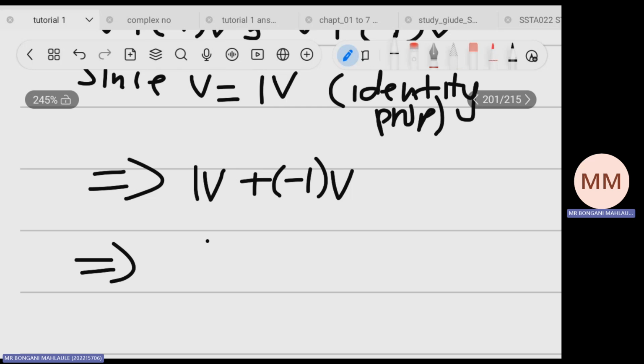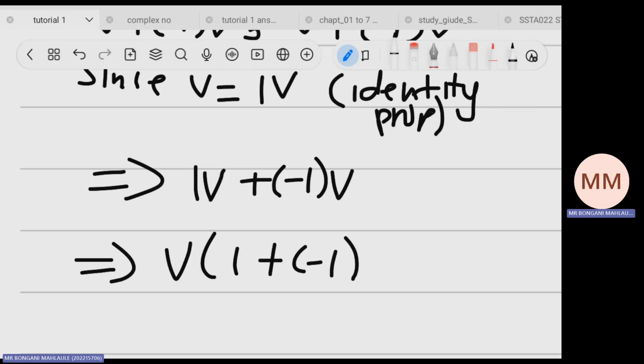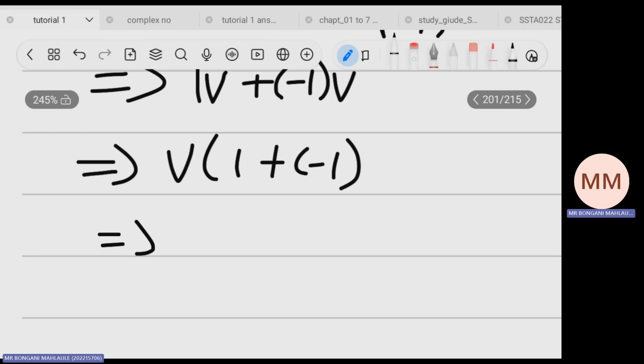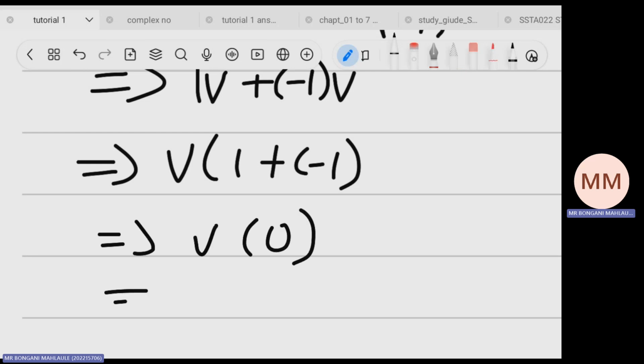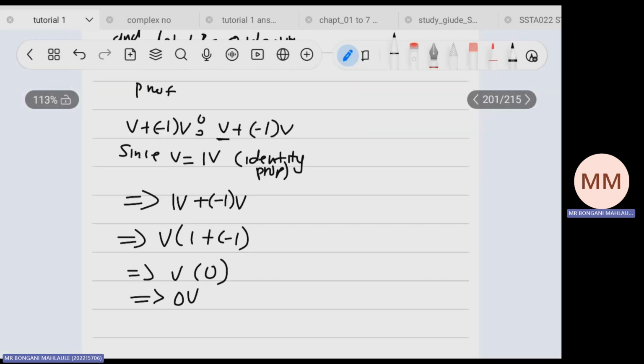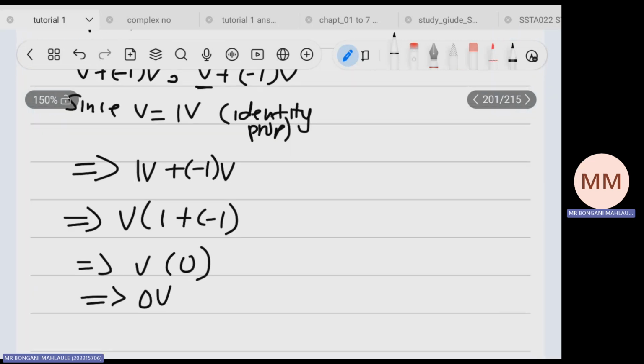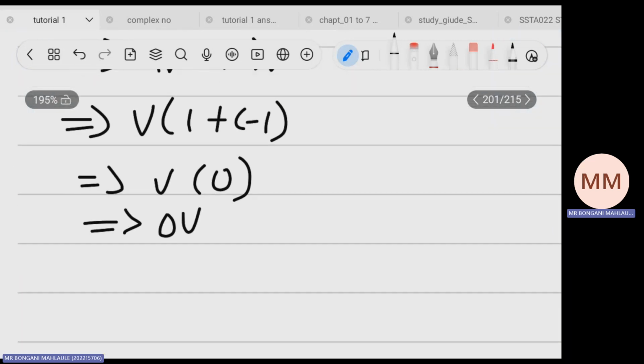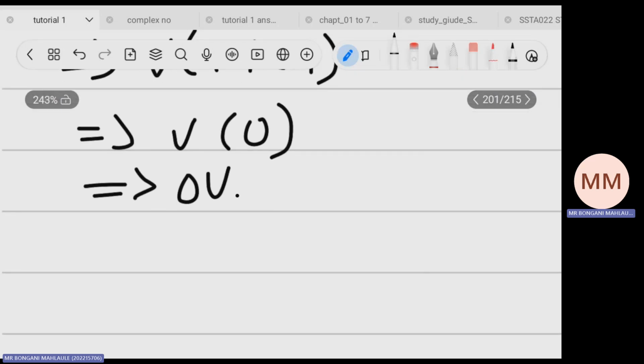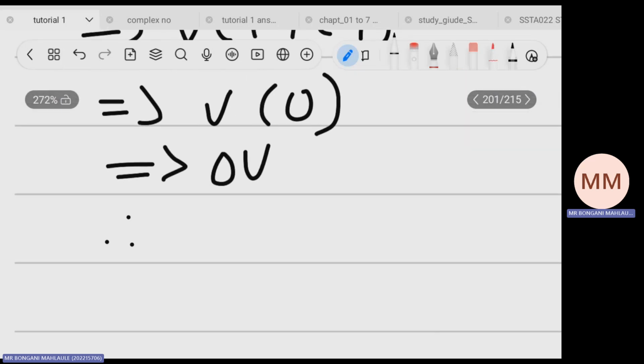Then if I take out V as a constant, you'll have 1 plus negative 1, and this will just give us 0, so this will be equal to 0. Anything times 0 is equal to 0. So I've managed to show this.